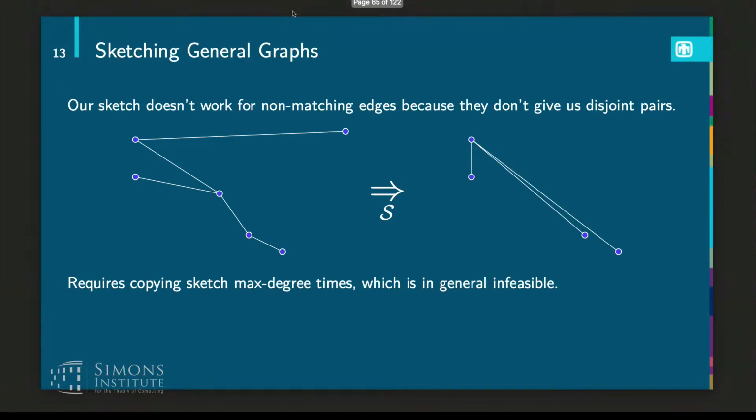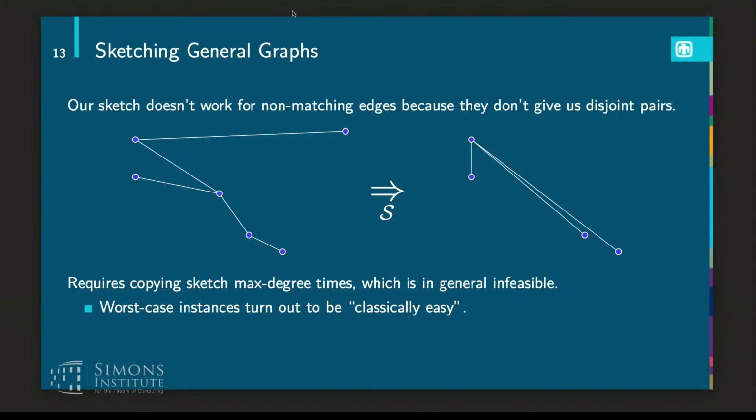We could get around this by copying the sketch a number of times equal to the maximum degree of the second graph, and then splitting the queries into one for each edge in the highest degree vertices of this graph. But that's in general infeasible, because that highest degree could be as large as n, and remember that our classical upper bound was only root n.